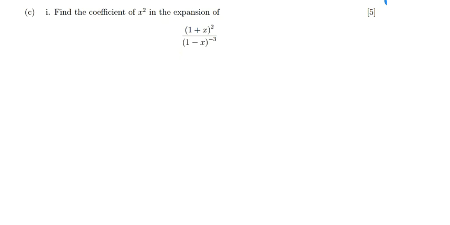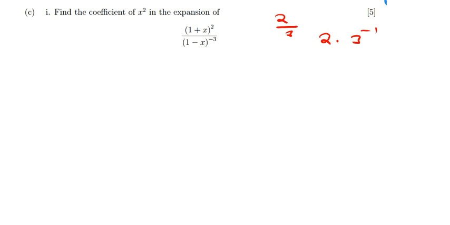So it is very important for us to know that if I have 2 divided by 3, this can also be written as 2 times 3 raised to the power negative 1.